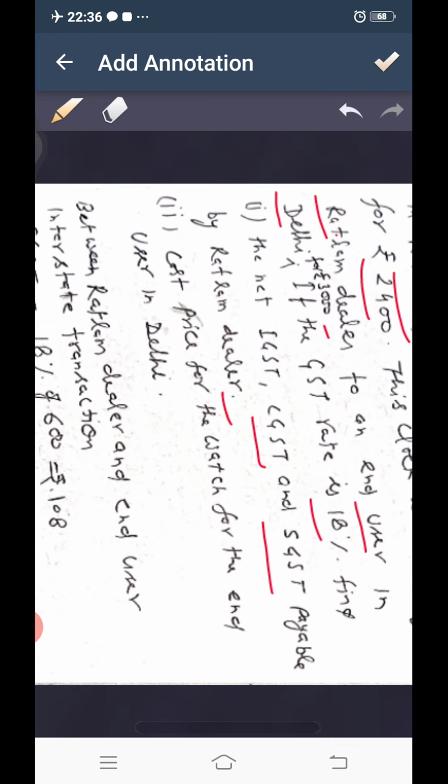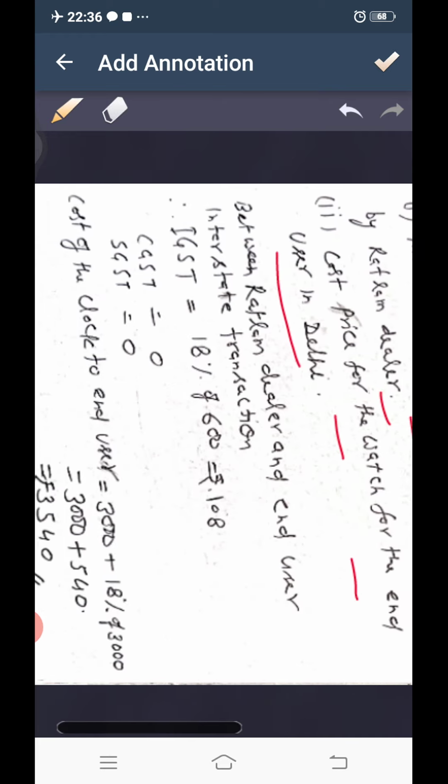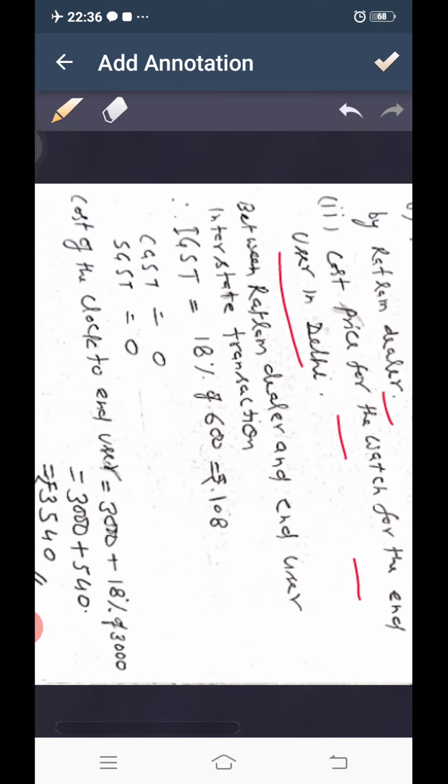Cost price for the watch for the end user in Delhi. So let us see between Ratlam dealer and end user, that is interstate transaction. Ratlam dealer is from MP and end user is from Delhi. So only IGST will be charged, that is 18% of 600. 600 is the profit of Ratlam dealer.